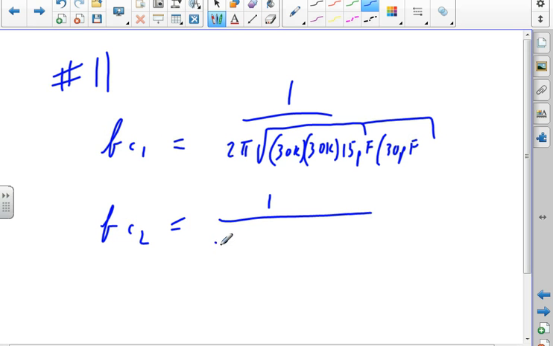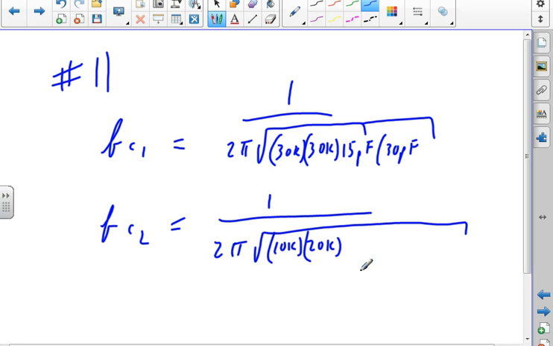Then the second cutoff frequency is 1 over 2 pi square root of 10K, 20K, 100 pico. Yes, 100 pico, 100 pico. I've got one lousy significant digit, so that's all I'm going to do.